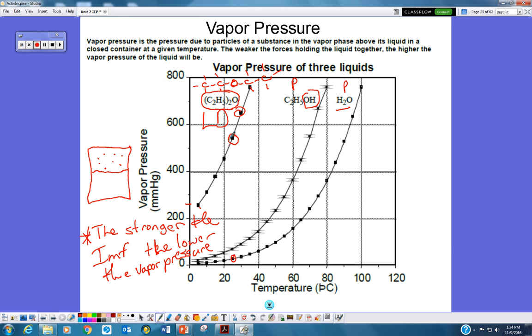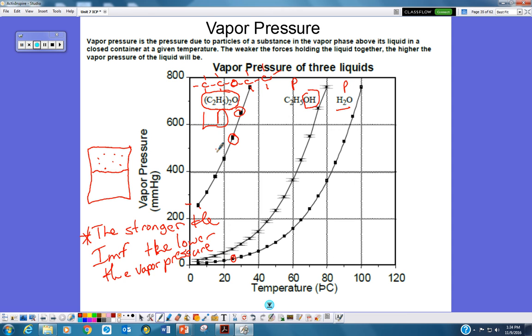pretty much, or to hold it as a liquid, the pressure has to be, well, anything greater than 500 torr or 500 millimeters Hg, this is going to exist as a gas.